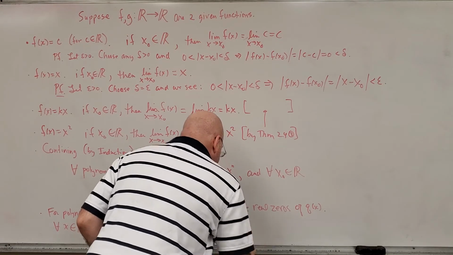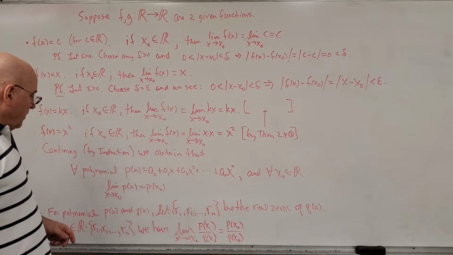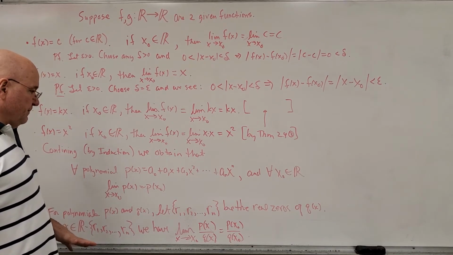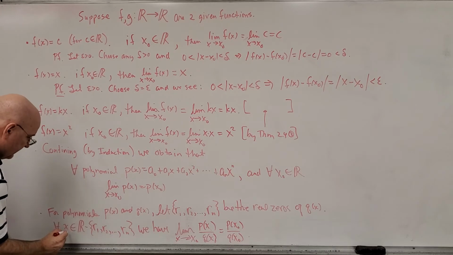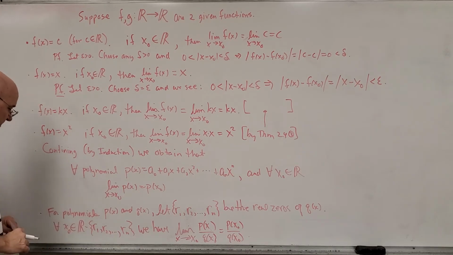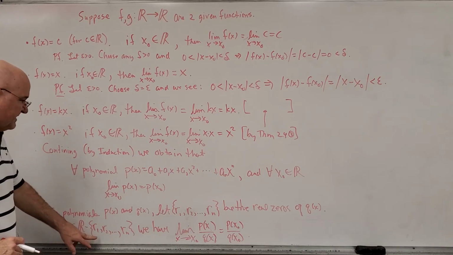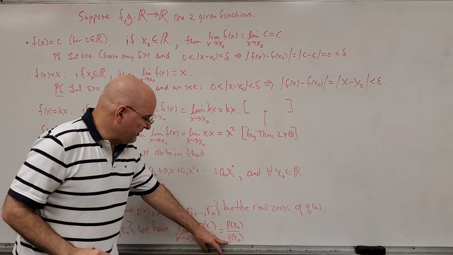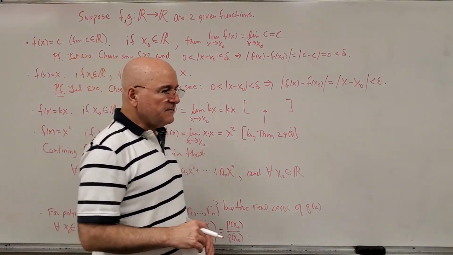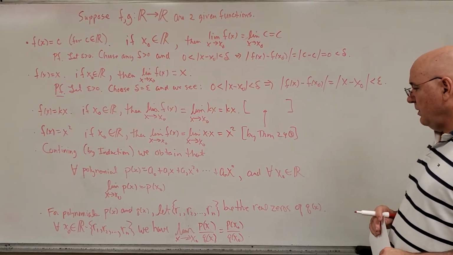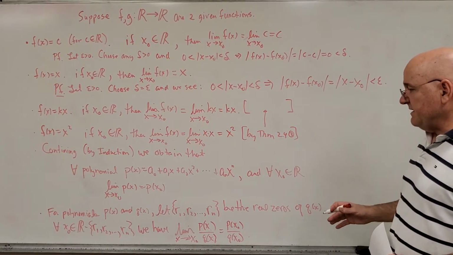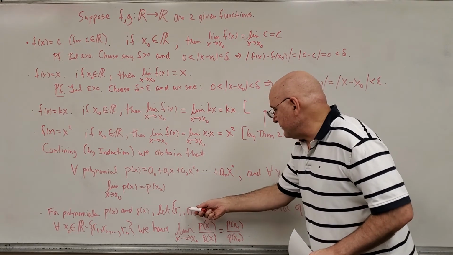And we're safe now that we only define this to be true for x naught, all the real numbers except for the ones that give you a 0 in the denominator. Now, something might be able to be said, and we'll discuss it later. Could the limit exist at these numbers?